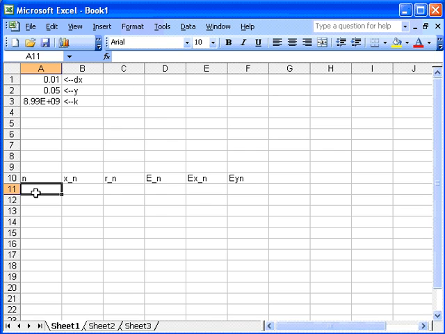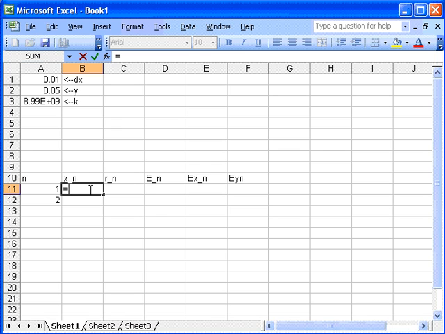So this, I said, we'll have it go 0, 1, I'll go equals the previous value plus 1. And then the X sub N, I didn't want a 0 there. It's going to start with a 1.